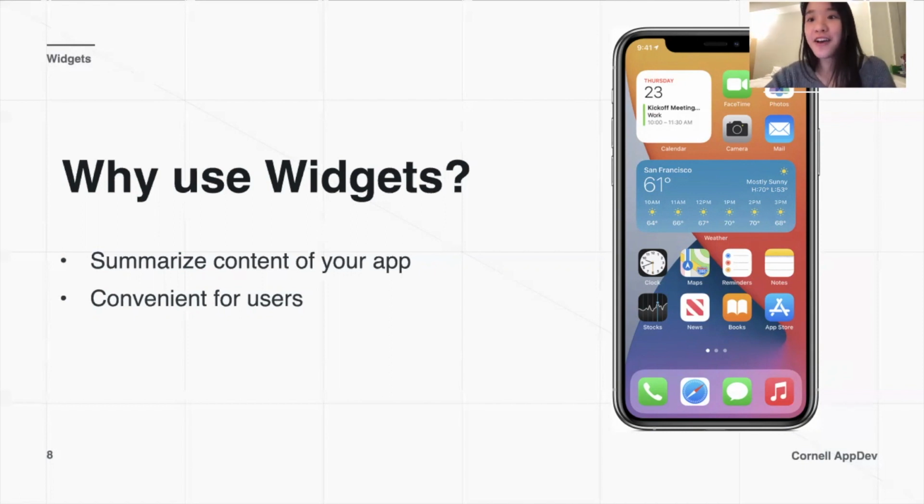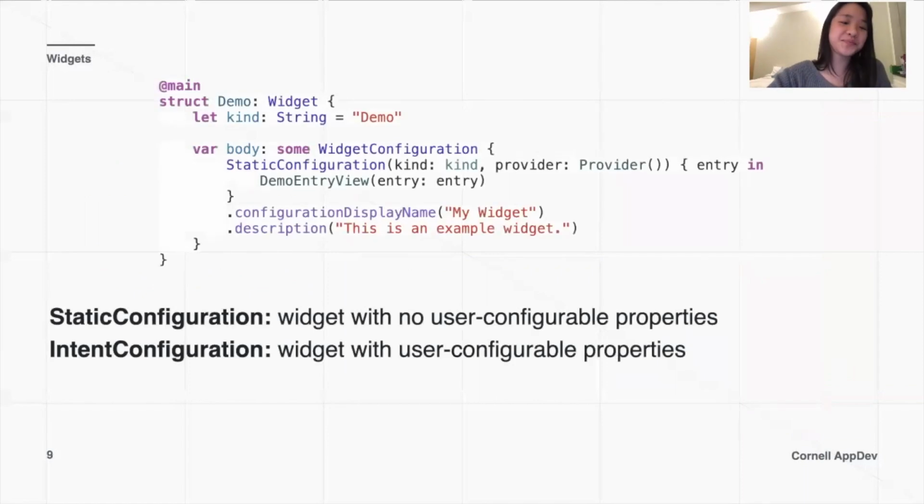But yeah, so how do we create these widgets? So widgets have two kinds of configurations, static and intent configurations. Static configurations allow for widgets with no user configurable properties. This is if you are fetching something with a URL or a backend and you just want to display the content from retrieving that data, or you are fetching something from UserDefaults, which we will be doing, then you can use static configuration.